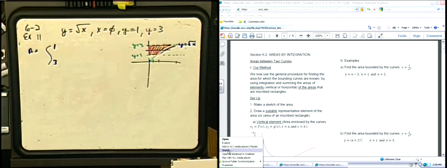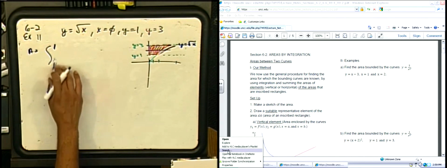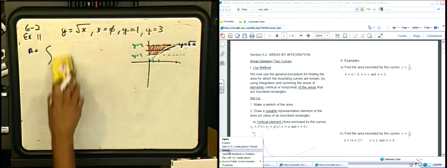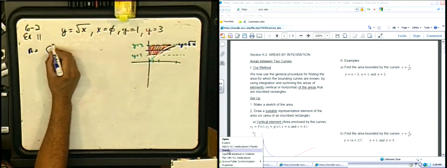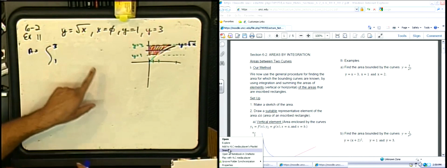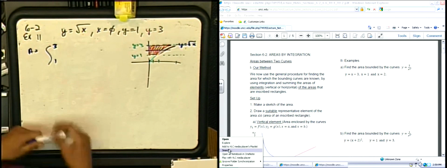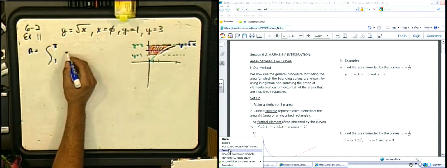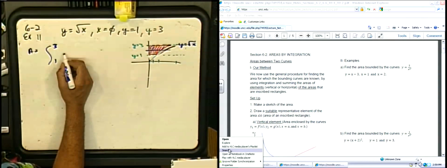Is that high and low? No. Three, 1. High and low. Write our equation. High minus low again. So we have 3.